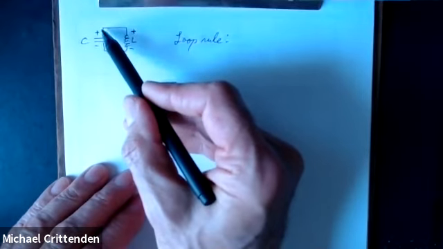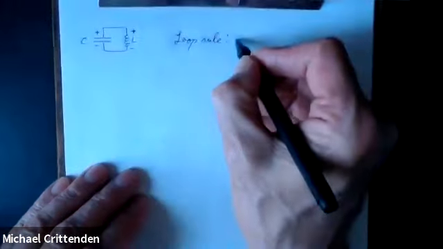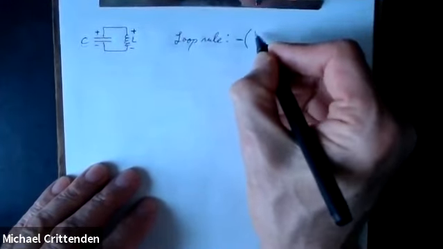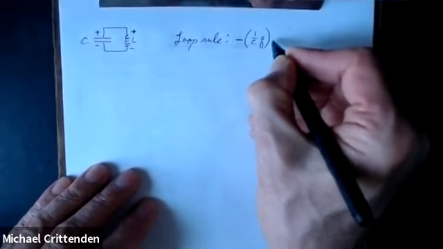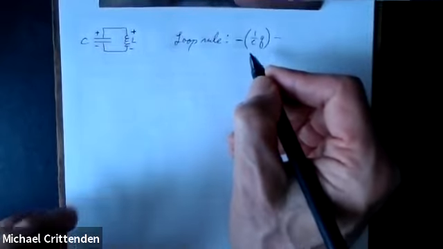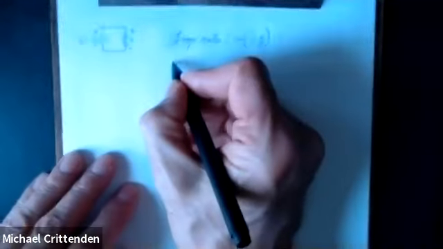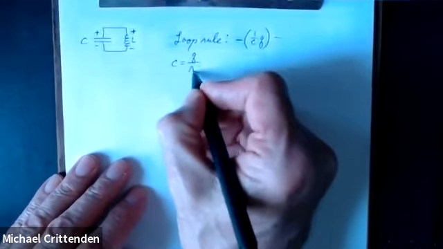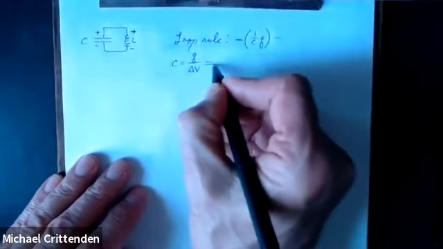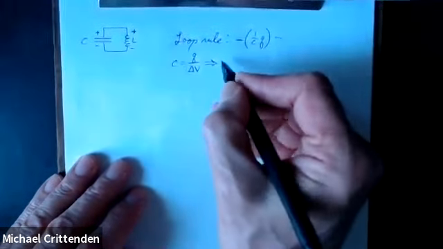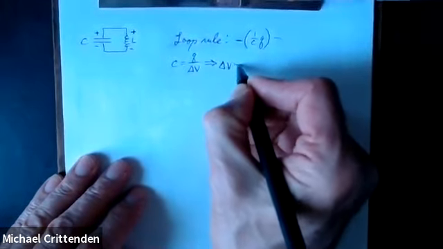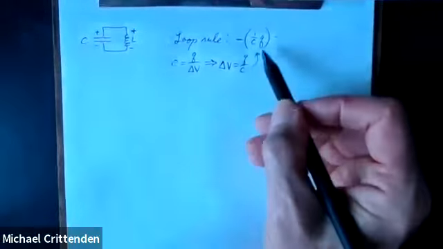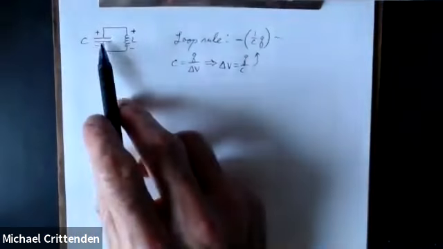So we went from the high side to the low side of the capacitor, minus 1 over C times Q. That's the voltage across the capacitor. From the definition of capacitance, C equals Q over delta V, which can be rearranged into delta V equals Q over C, which is what I used for the voltage across the capacitor.